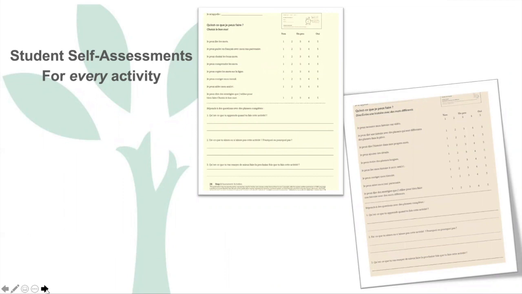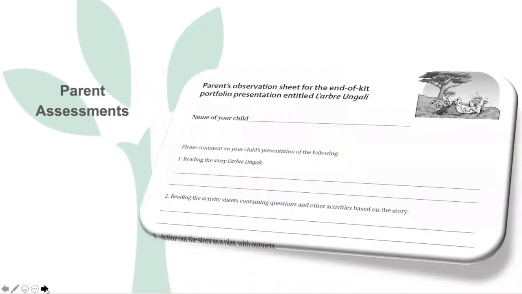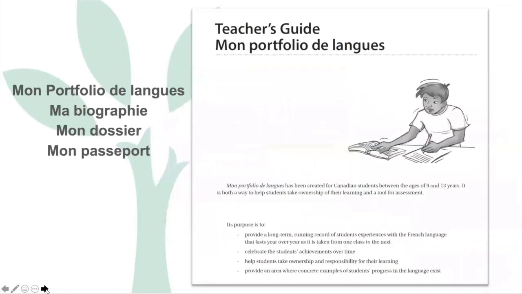They include pared down language and easy to read and understand vocabulary, where students self-rate their abilities in every single partner group activity. We have parent assessments, so parents also have input on students' achievements.